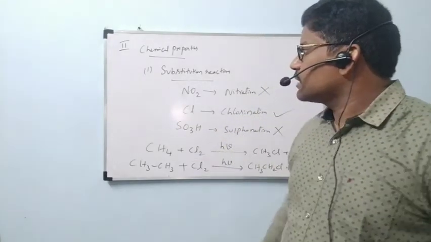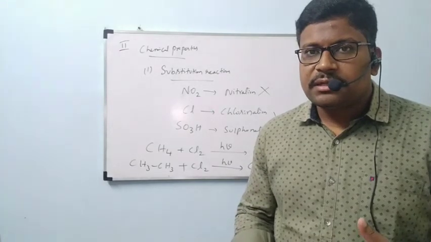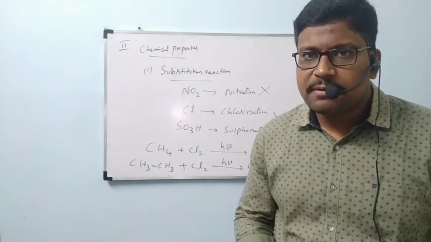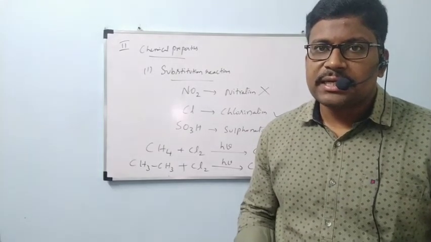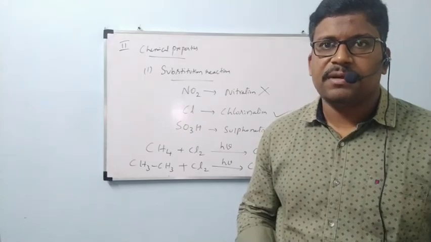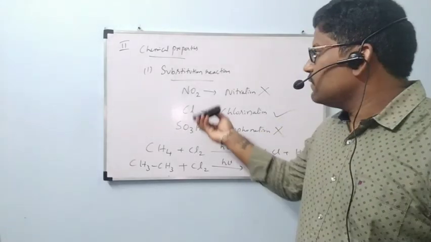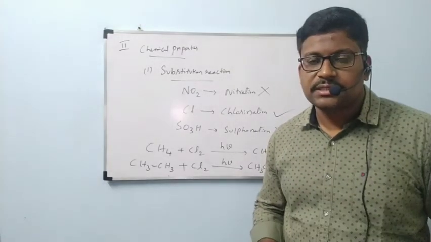Then Kolbe's electrolytic method, named after the scientist Kolbe: he used electrical energy to obtain ethane from the sodium salt of a carboxylic acid. After that we saw a rough explanation of chemical properties, the first one being substitution reactions.